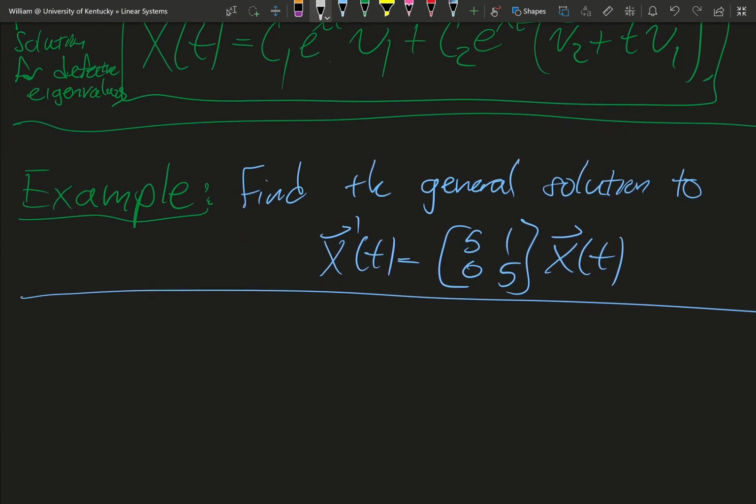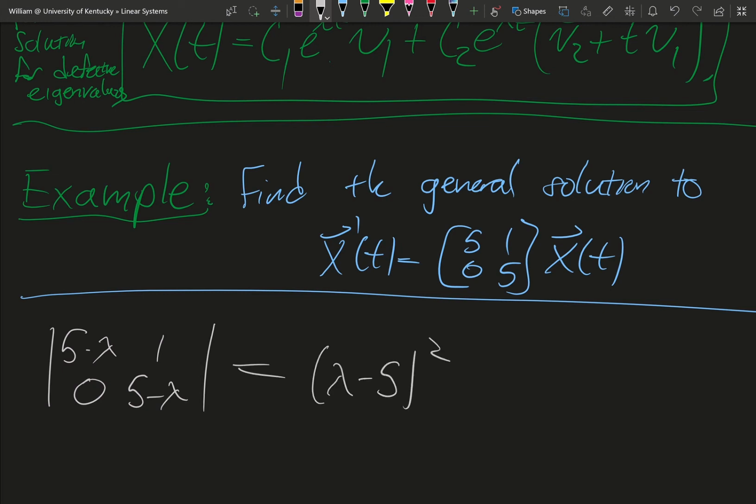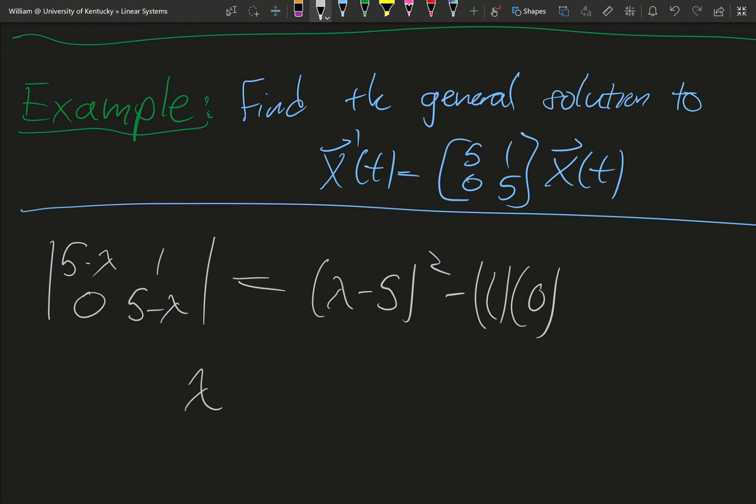So here we're going to go ahead and find our characteristic polynomial. And we can see it is just going to be lambda minus 5 squared minus 1 times 0. And so we get our only eigenvalue is going to be 5.